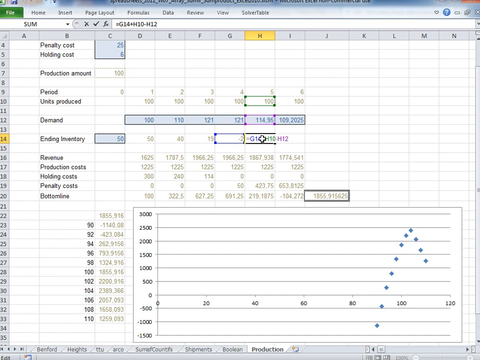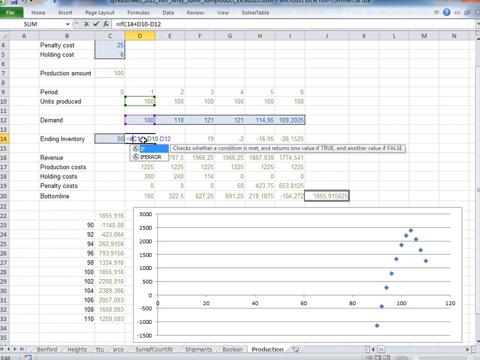It would basically mean that we would have to take our formula and say if C14, the last inventory, is negative, then we won't take anything with us. But if it's not negative, if it's positive, we will take the C14 with us.